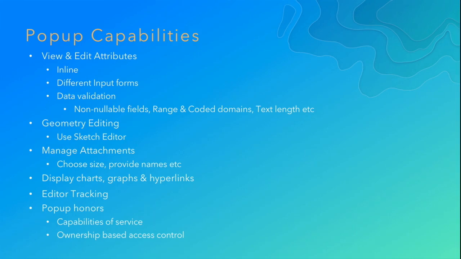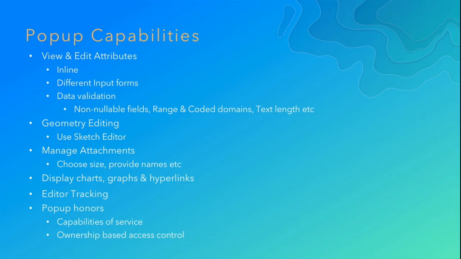And I talked about attributes and attachments and media, but pop-up also allows you to edit geometry, by working with Sketch Editor. Sketch Editor is another component of our SDK, which allows your users to interactively sketch points, lines, and polygons on the map.